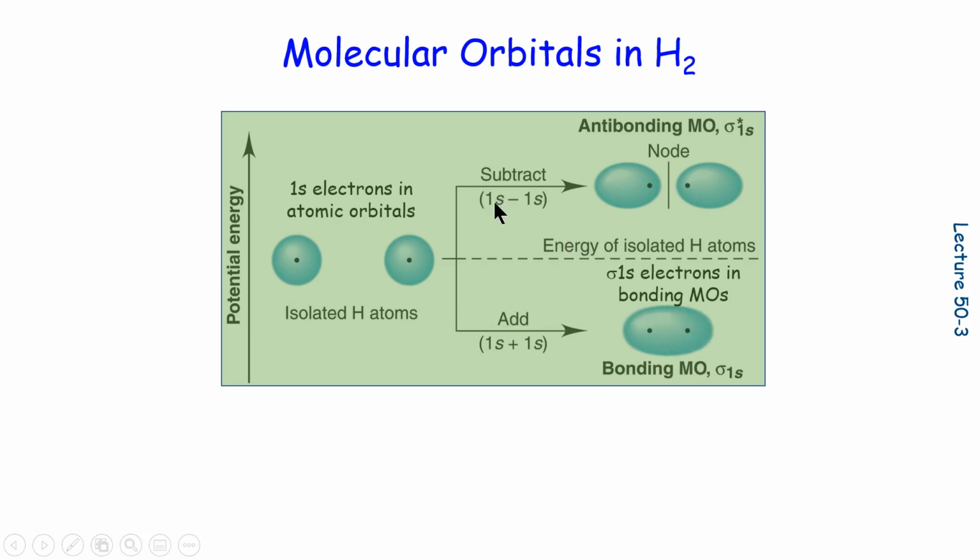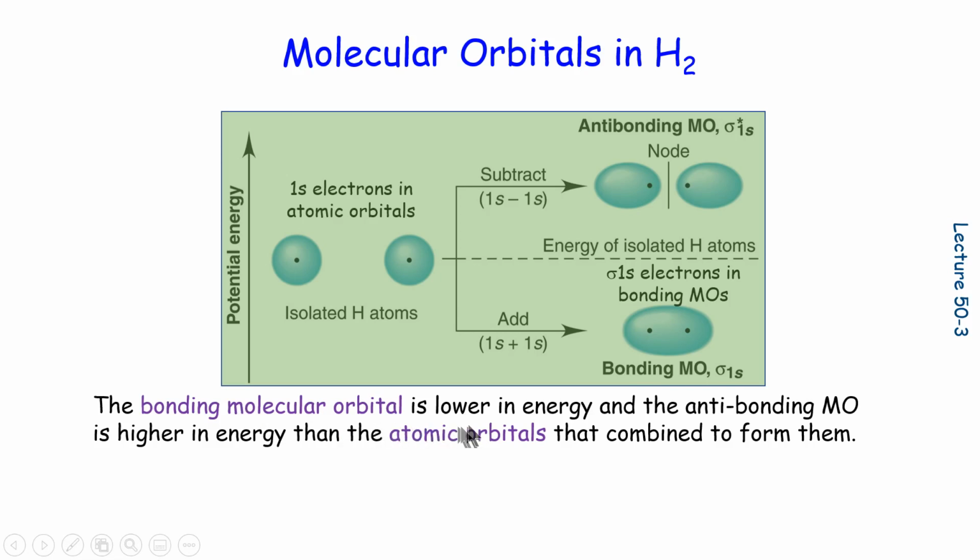If the two wave functions cancel each other, this is the anti-bonding molecular orbital. You see there's no electron density here. The bonding molecular orbital is lower in energy than the anti-bonding. In addition to that, the energy in the bonding molecular orbital is also lower than the energy in the atomic orbitals. You see, here the energy is higher, here the energy is lower.